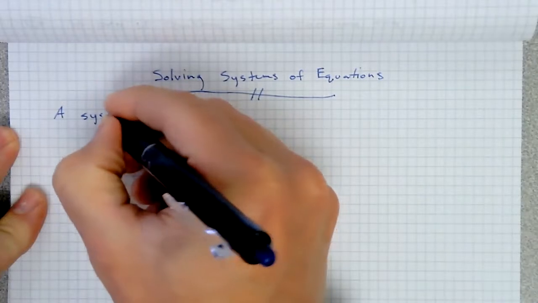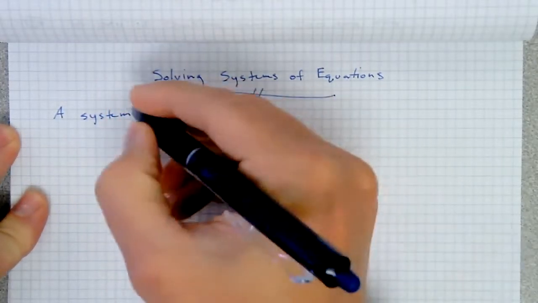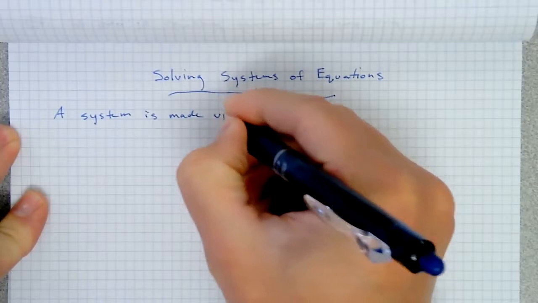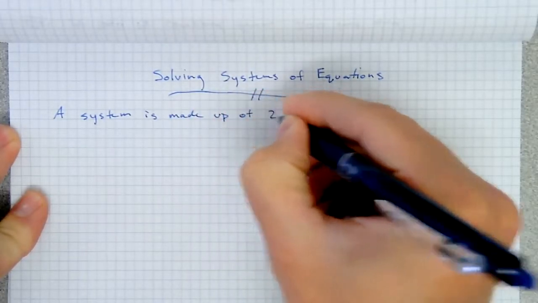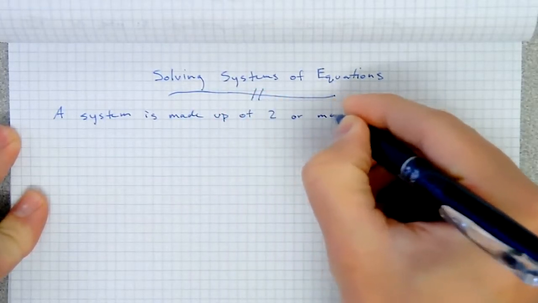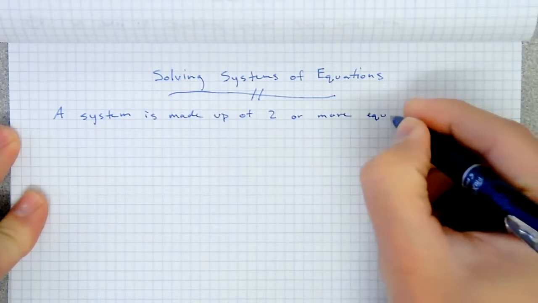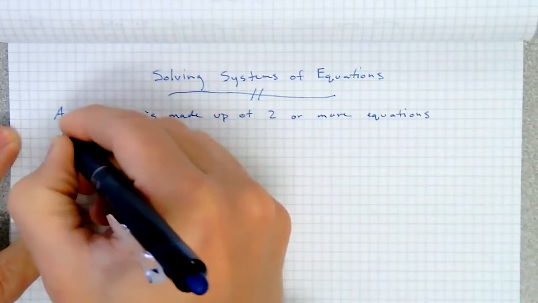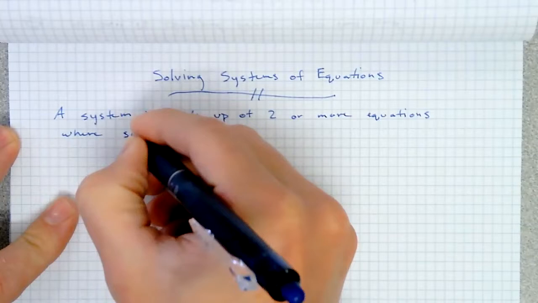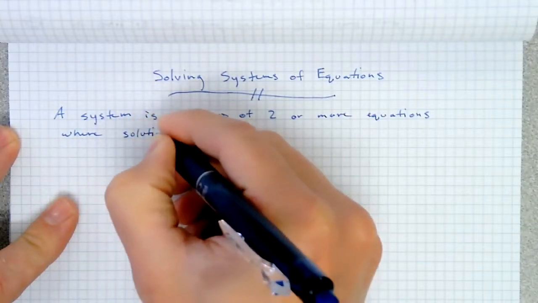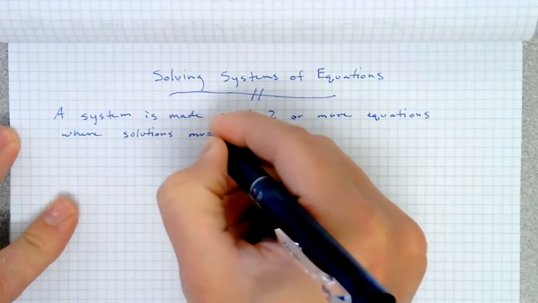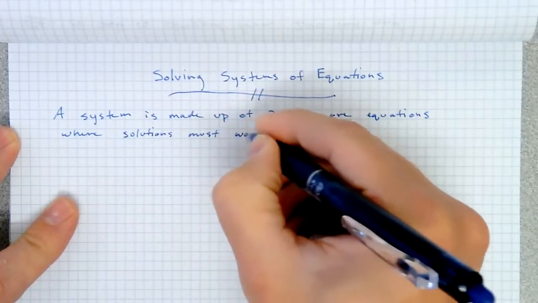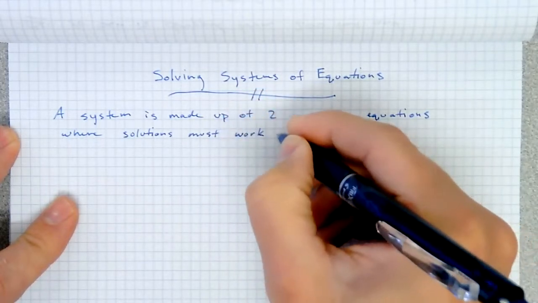A system is made up of two or more equations where solutions must work for all the equations.